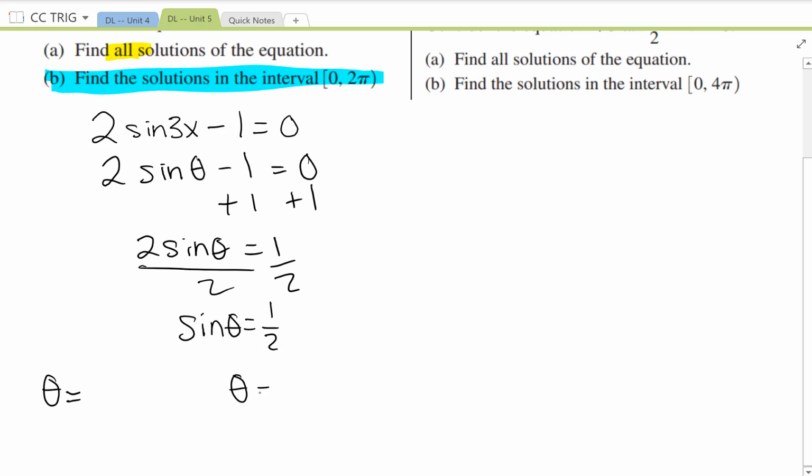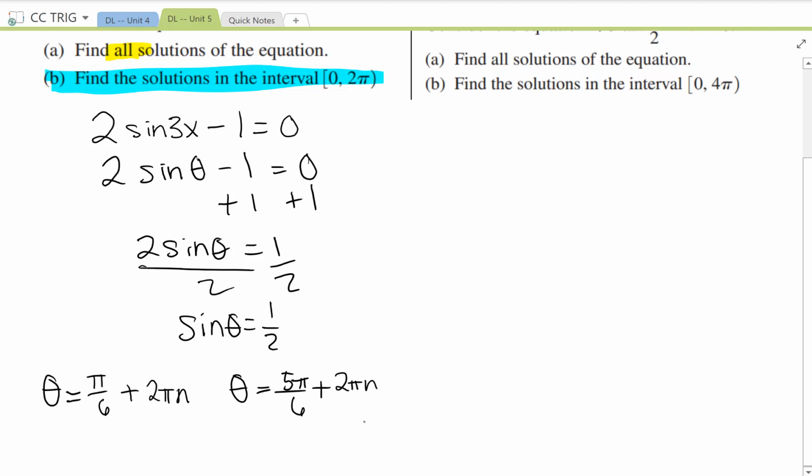So theta is equal to pi 6th plus 2 pi times the integer n, or 5 pi 6th plus any full circle.